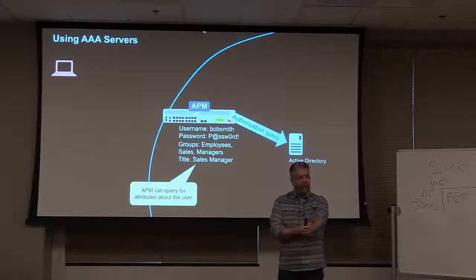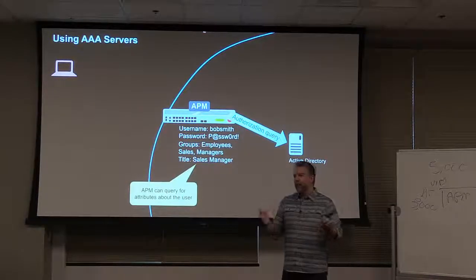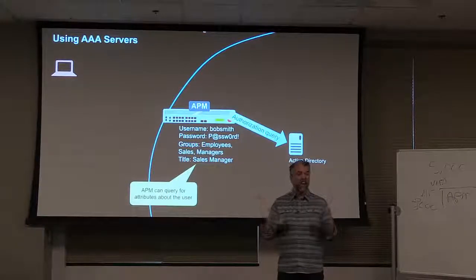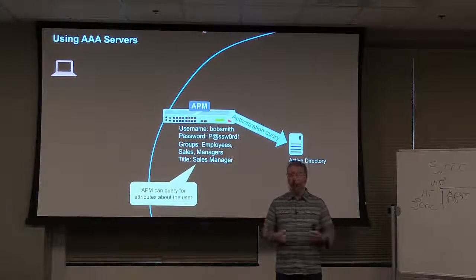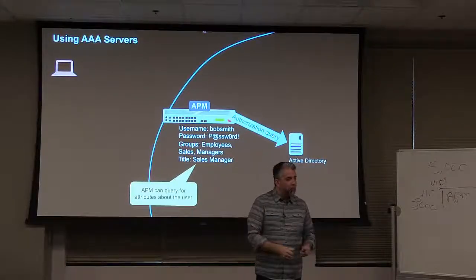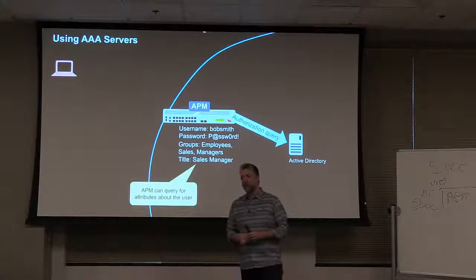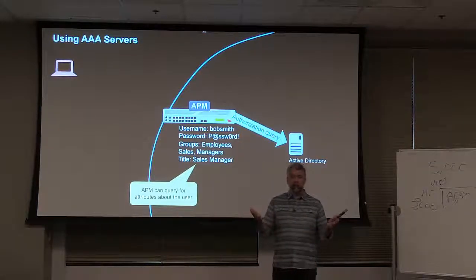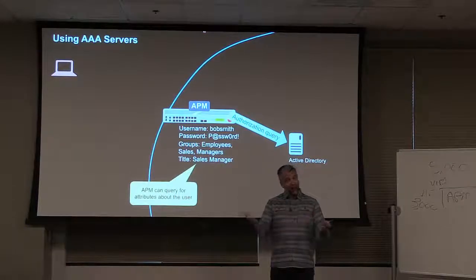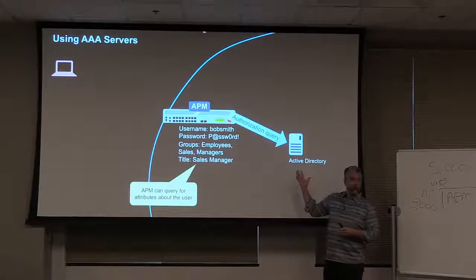If you've done that, or if you go into the Active Directory server in your environment, you'll see that every user account has a variety of tabs of details we can provide about them: their phone number, their email address, their address, all these pieces of information, which most administrators never fill in. But the other thing we also specify is the groups they're in. So we send this query and we say, tell me everything you know about the user.